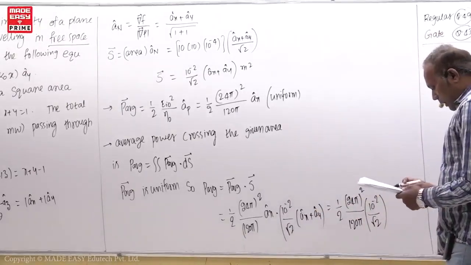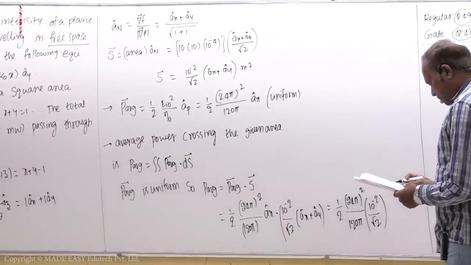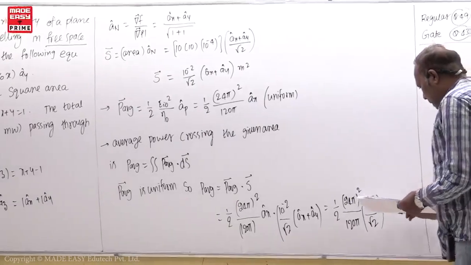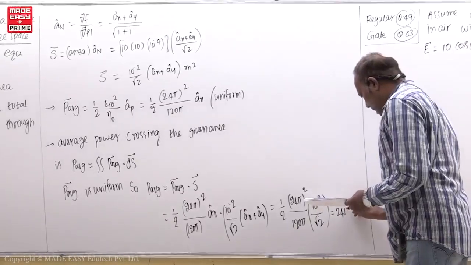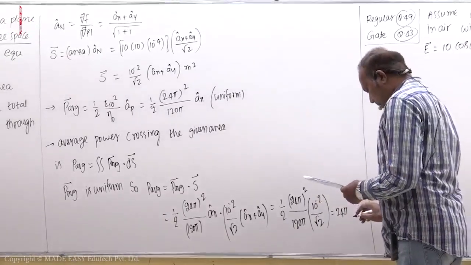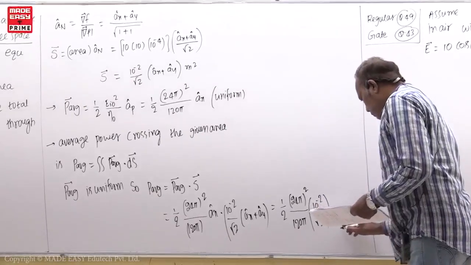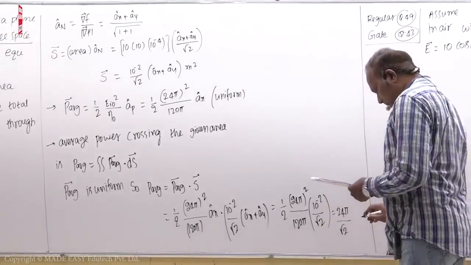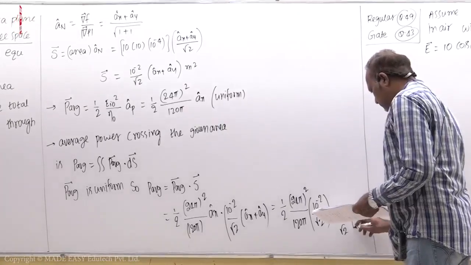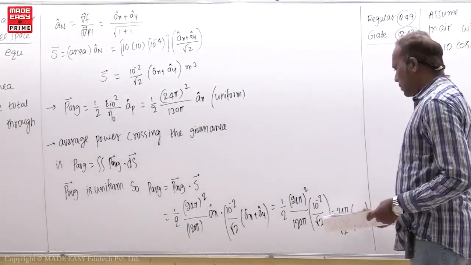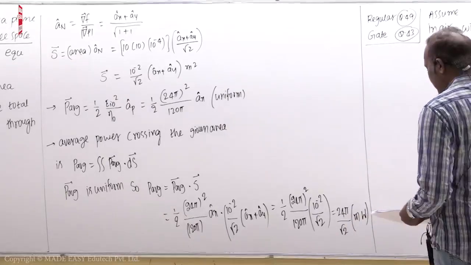These many watts you get. Okay. In milliwatt if you want, so 24 pi by root 2 milliwatt you get. See that calculation, this is watt, so then these many milliwatts you get.